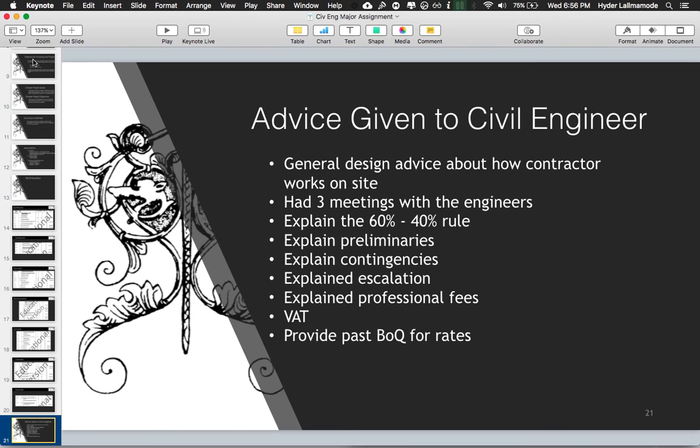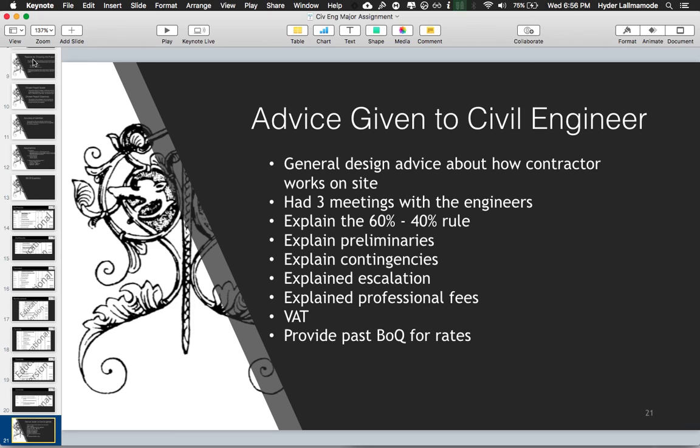Integral Cost Consultants gave the civil engineers a basic understanding of the preliminaries, the contingencies, escalation, and we also explained how professional fees are calculated.